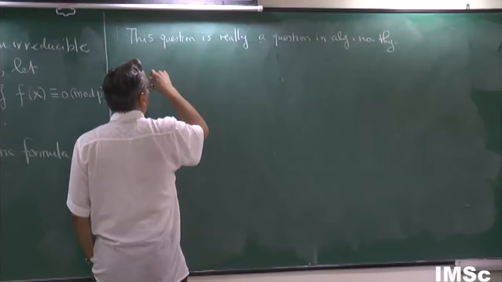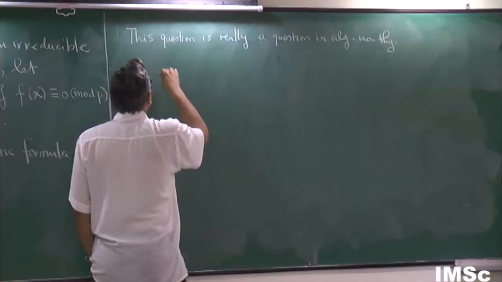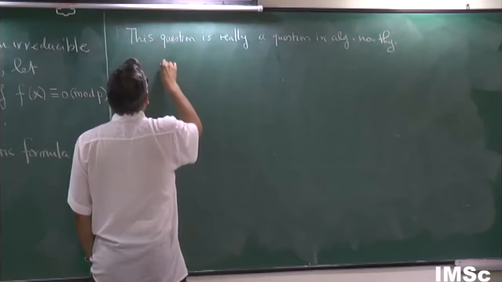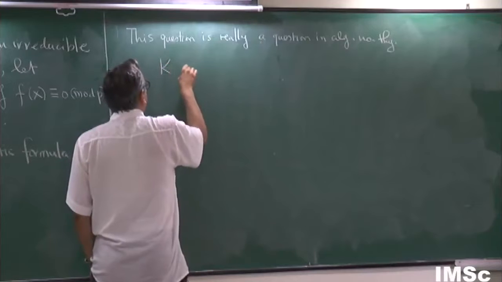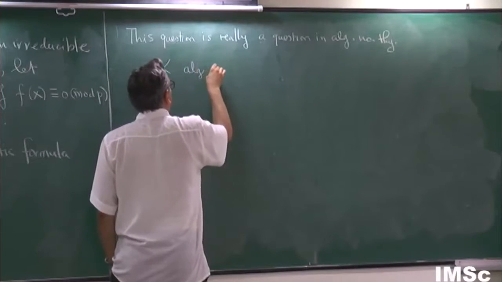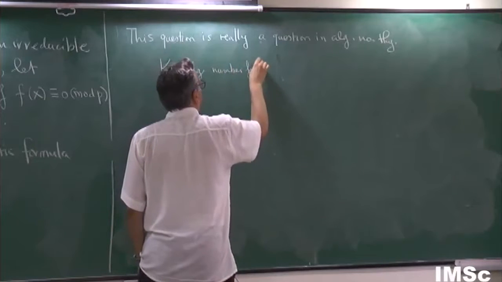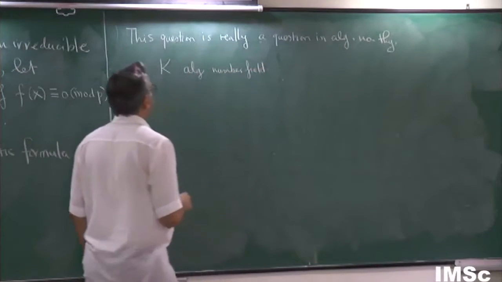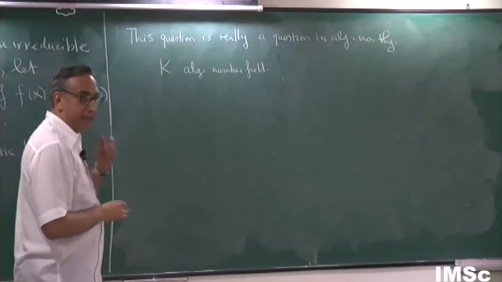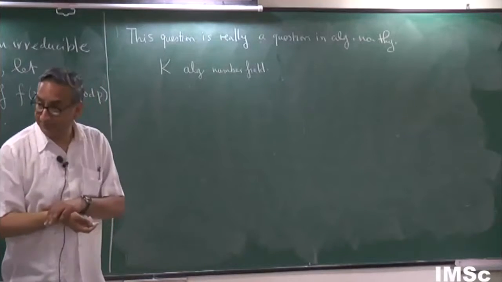So here's a crash course in algebraic number theory. So K is an algebraic number field. Means it's a finite extension of the rationals.